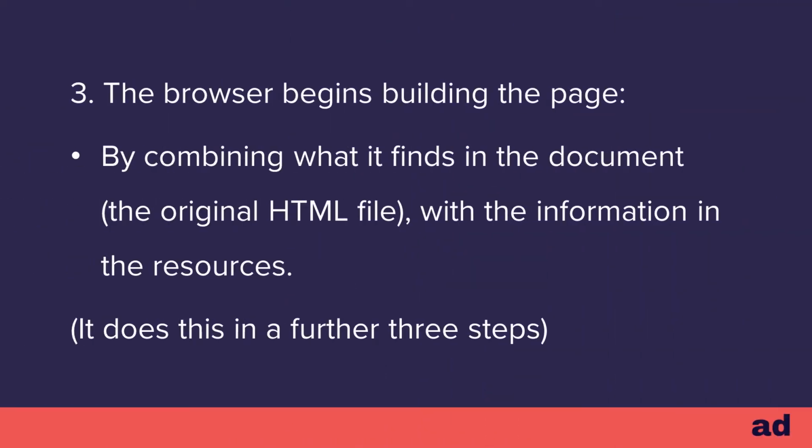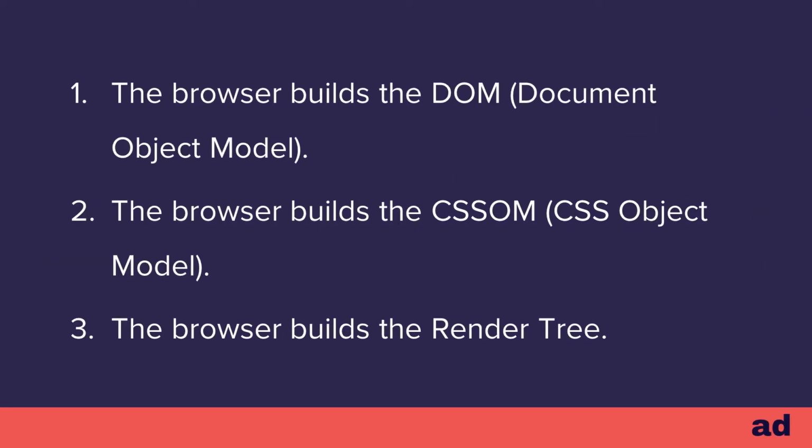Once the browser has the resources, it can begin building the page. So, third step, here we go. The way the browser goes about building the page is by combining what it finds in the document, the original HTML file, and the information in the resources. It does this in a further 3 steps. It starts by building the DOM, the document object model, the CSSOM, CSS object model, and then the render tree.